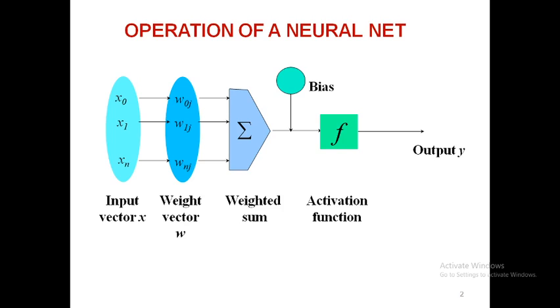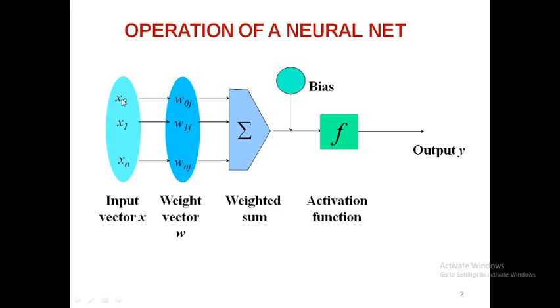As a brief, we have already seen the operation of a neural network. In this operation, we have input neurons, and the corresponding connection weights of the input neurons are W0j, W1j, and so on up to Wnj.